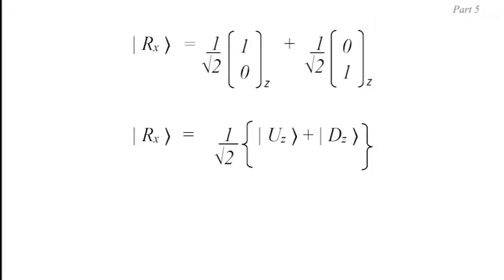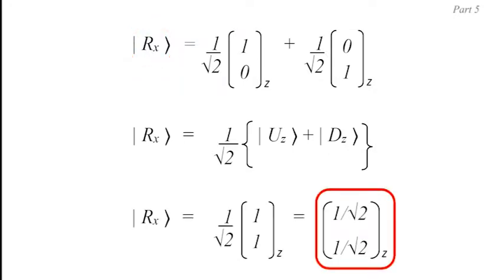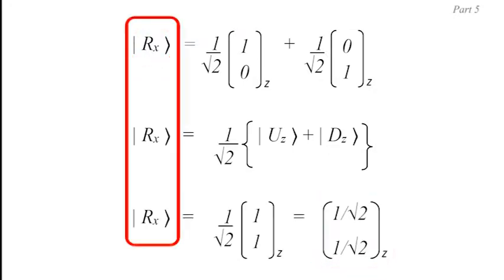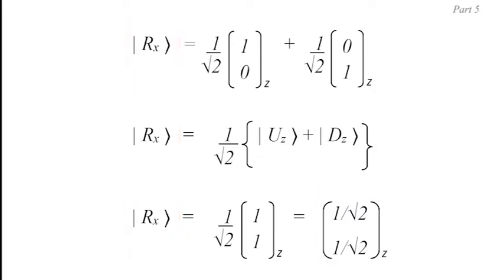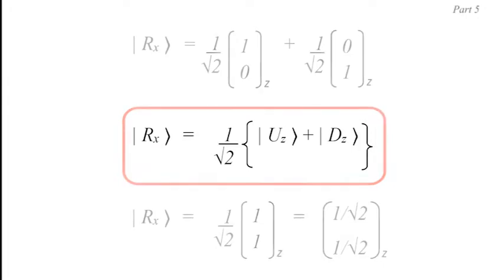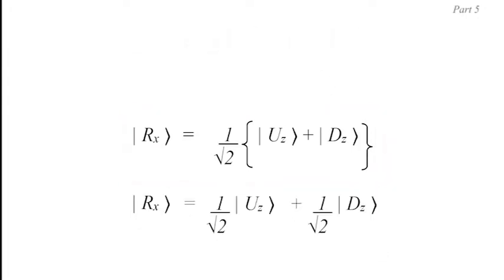Finally, I suppose, we could have added the two parts together into one column vector, in which case there's another way in which we can write the state which is representing a spin pointing to the right in the x direction, and that's like this. These three are all the same, but the version we'll probably most often use will be this kind of format, which can also be written like this.